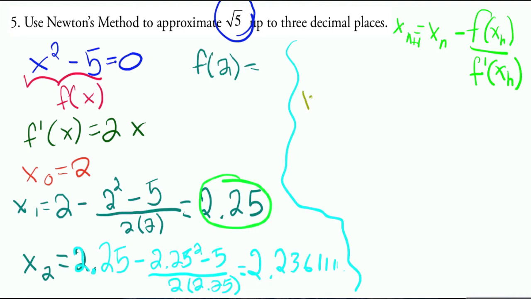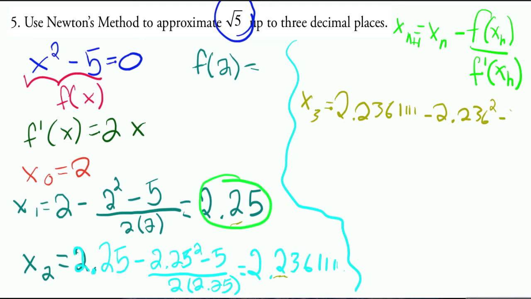Okay, so then the next one is x sub 3. Notice here I only have one decimal spot that matches, and I want up to 3 decimal places. So the next one is 2.2361111 minus 2.236111 squared minus 5, over 2 times 2.236111.